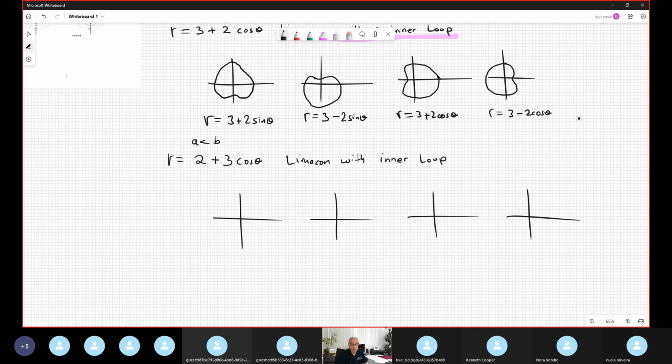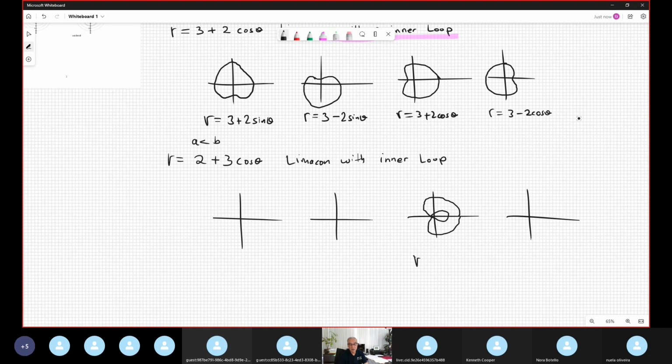Okay, this is the plus cosine case in that way. So you have something like that. However, we have an inner loop. Okay, I try to do my best. It looks like that, passing through the origin, but doing the inner loop.